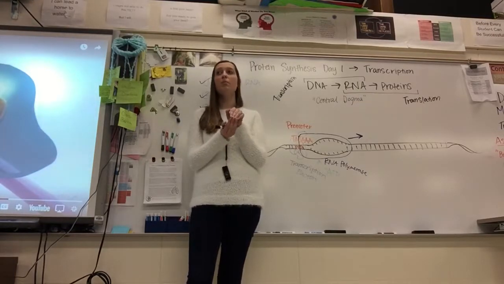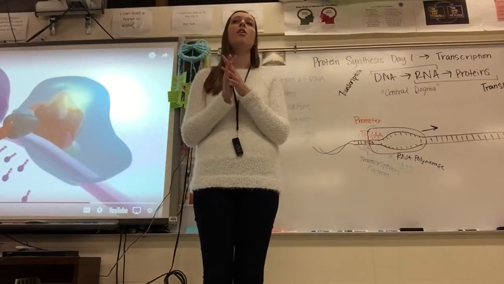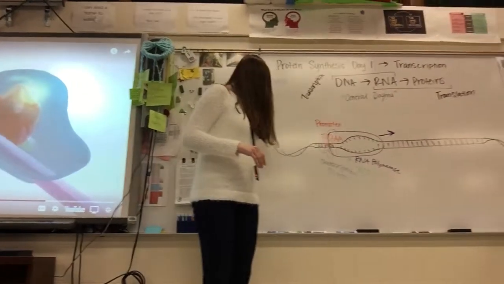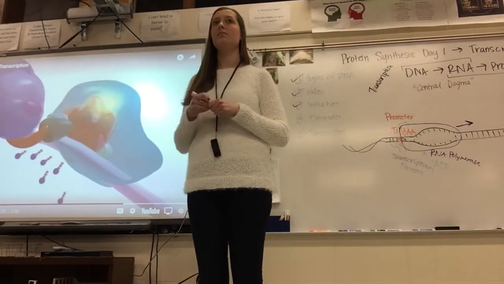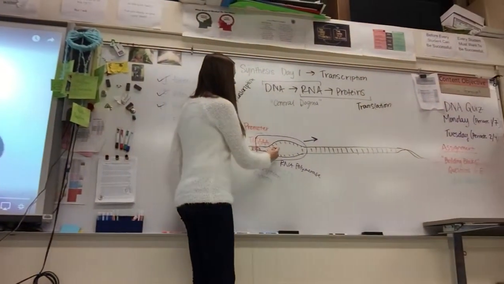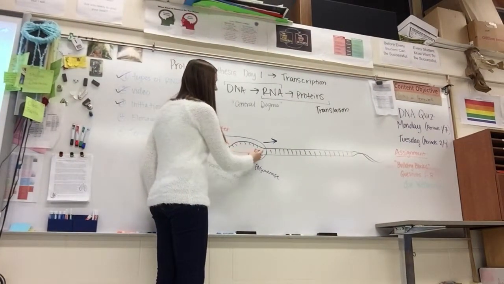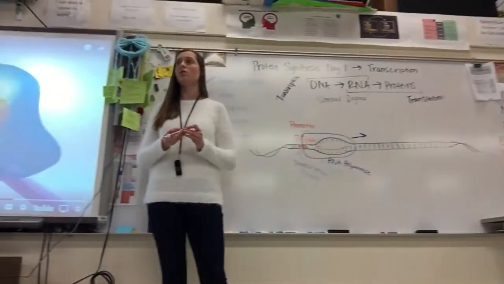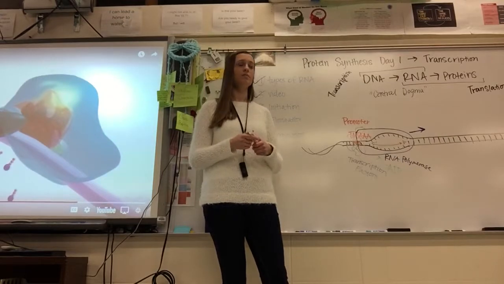It's going to unzip a little bubble. And then we can get in and we can start adding in our RNA nucleotides. So which direction do we build nucleotides? 5 to 3. 5 to 3. Very good. So if we're building in this direction, we have to be building towards the 3. So what's our template strand? 3 to 5.